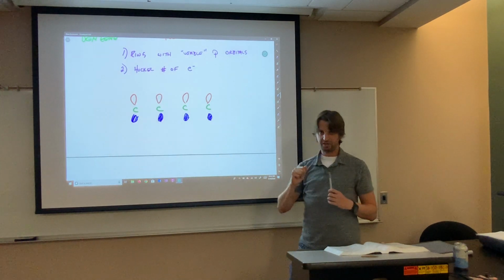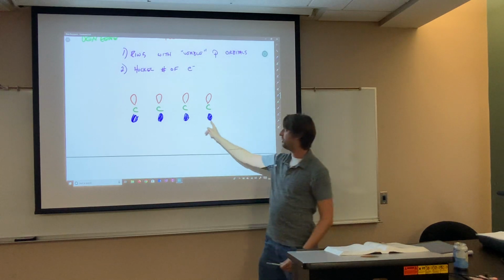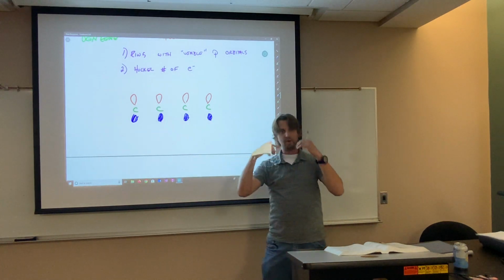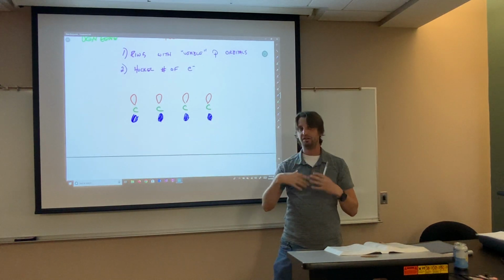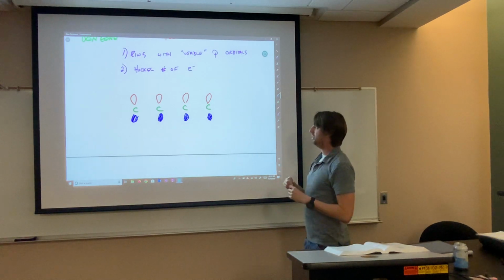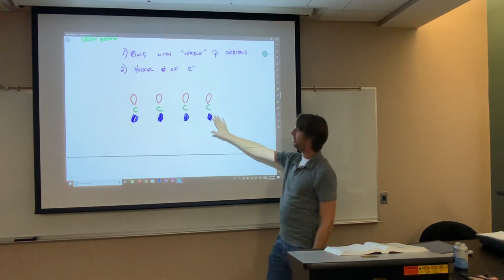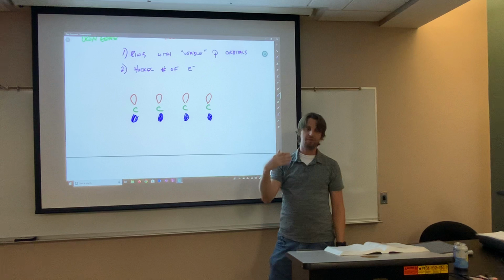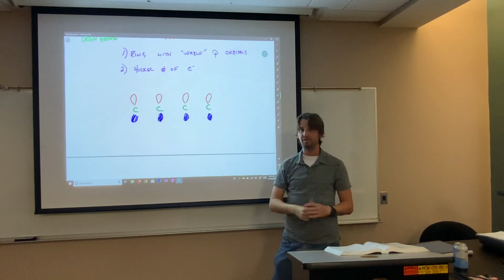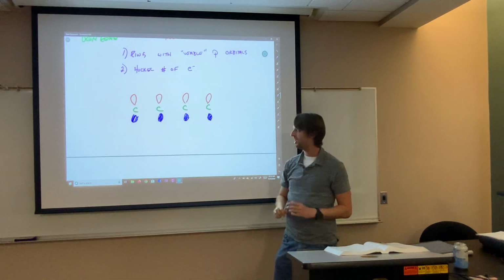And that's the key part that makes something aromatic. We have to have p orbitals next door to each other. So we're bringing in ideas from that previous chapter, where we talked about how orbitals overlap, molecular orbital theory, and the nice pictures in the book, okay?